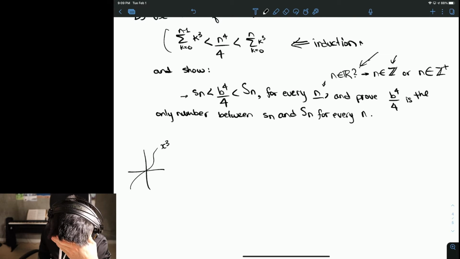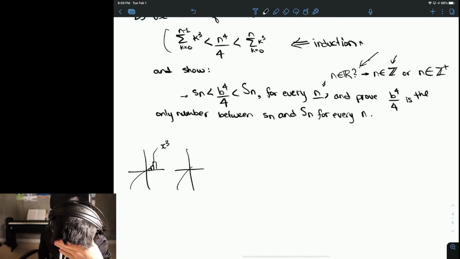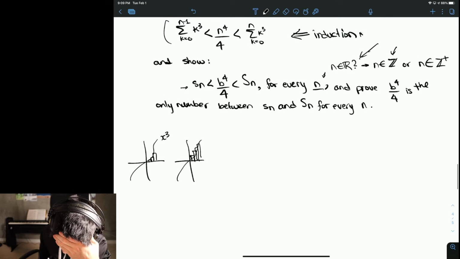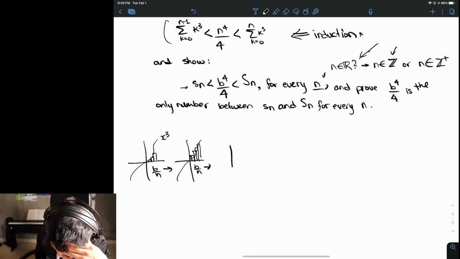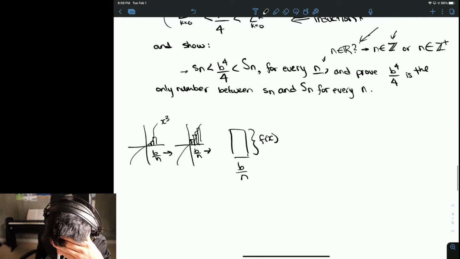And if we were to construct rectangles underneath, or similarly, if we were to do an upper bound and do rectangles above, the width of each rectangle again is b over n, which I feel like I'm saying a million times, and the height is f of x, which is x squared or x cubed.